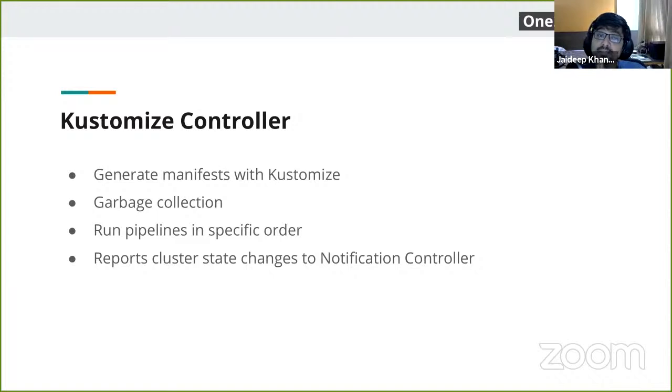One can deploy specific pipelines in an order. For example, I would want to spin up my backend first and then run my front end. This can all be defined using kustomize controller. Kustomize controller also notifies the notification controller if any kind of state change happens.